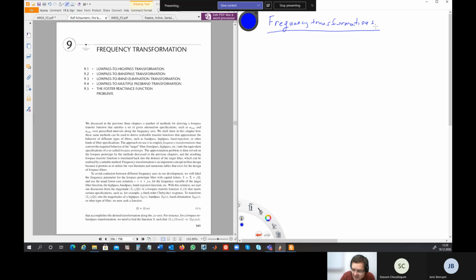As you see, we always start in our lecture with a low pass, for example, like this. And we call it the low pass prototype. It's some kind of function.